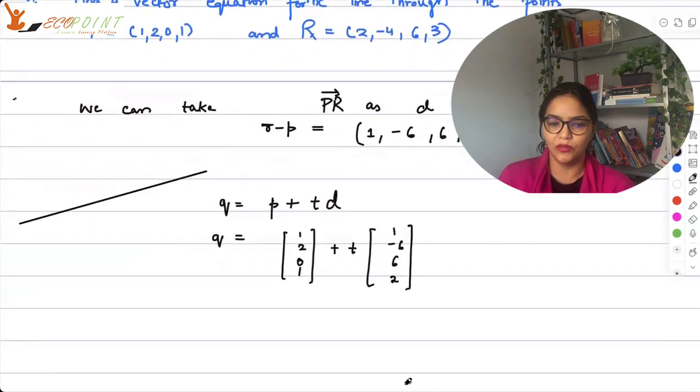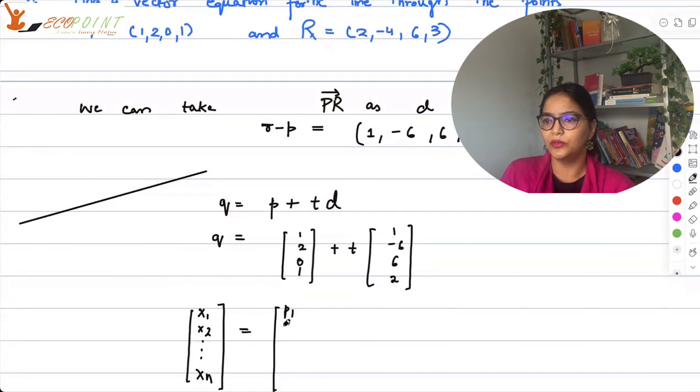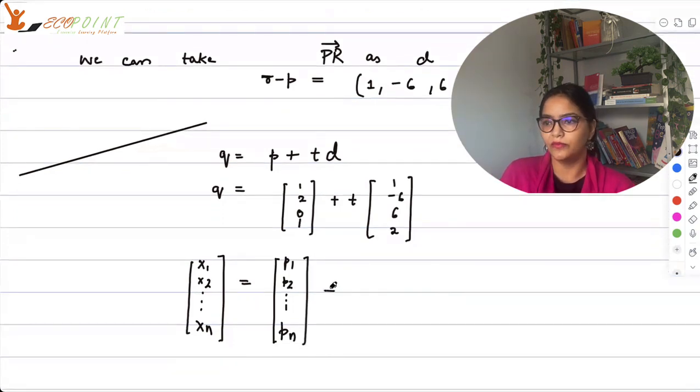In other words, you can also see that this expression could be written as follows. If I extend it, I can write (x1, x2, and so on) had it been Rn, I could have written x1, x2 till xn, and this is equal to (p1, p2, and so on), which corresponds to the point P, the position vector, plus t times the corresponding direction vector (d1, d2, and so on).